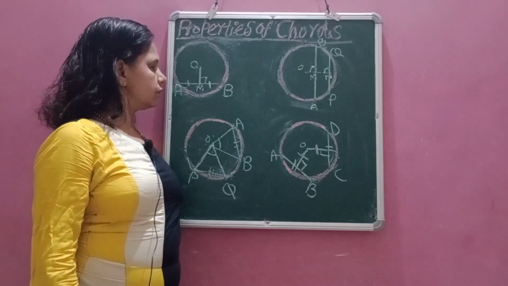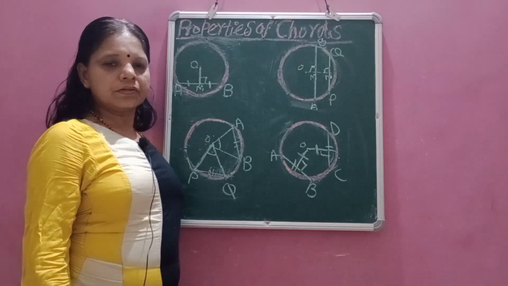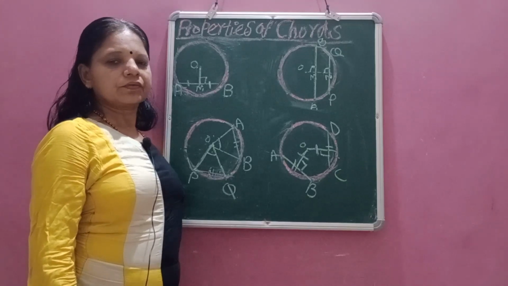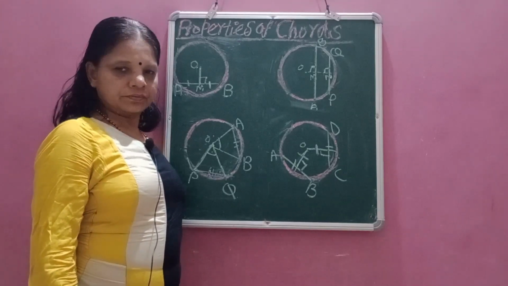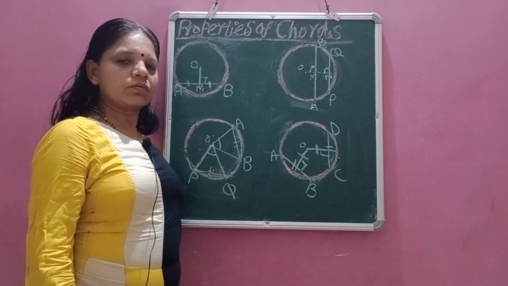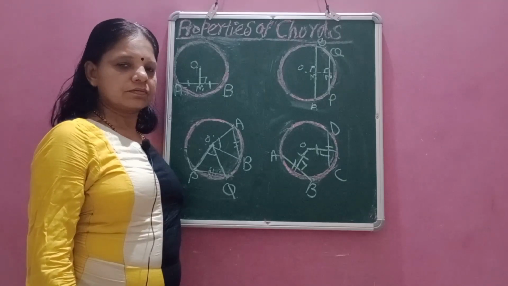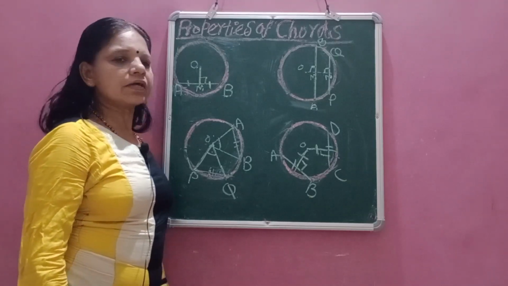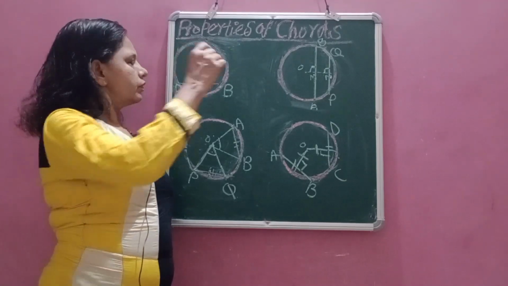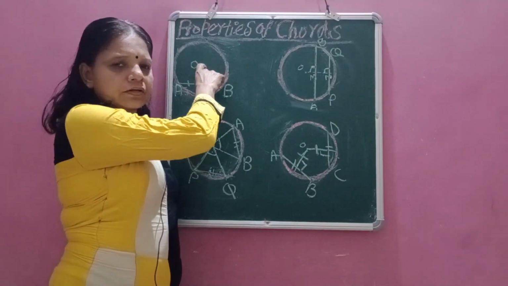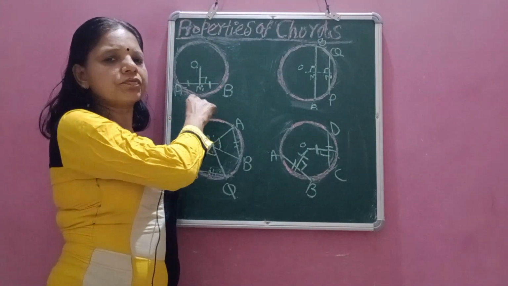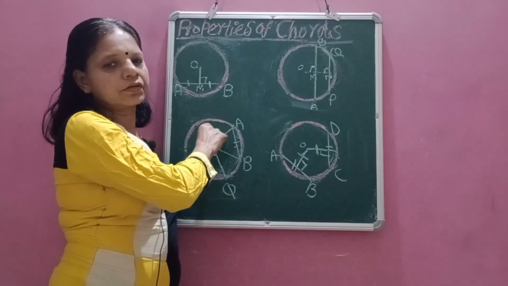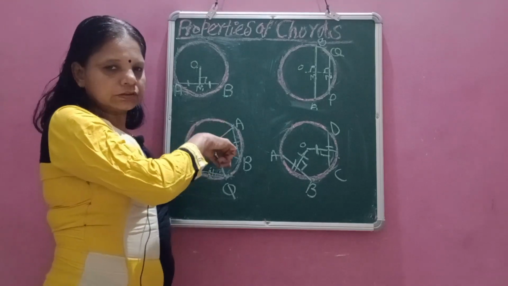Clear? Segment drawn perpendicular to a chord from the center of the circle bisects the chord. The reverse statement also is true. That is, the line segment joining center of a circle and midpoint of a chord is perpendicular to the chord. That is a reverse statement or converse.